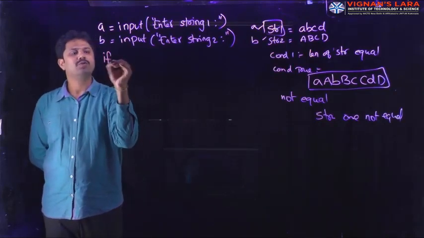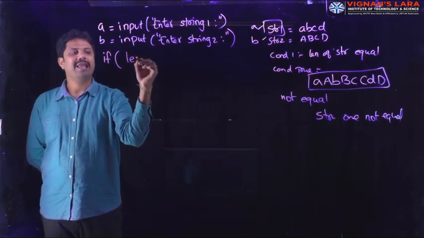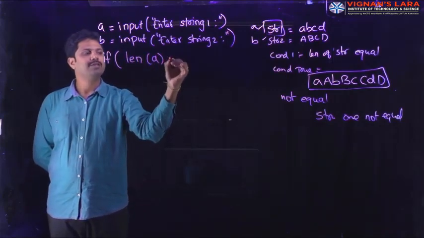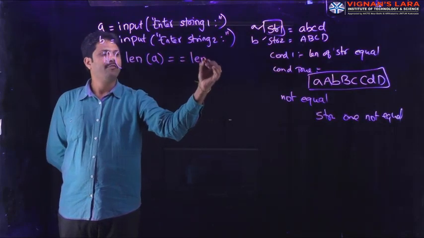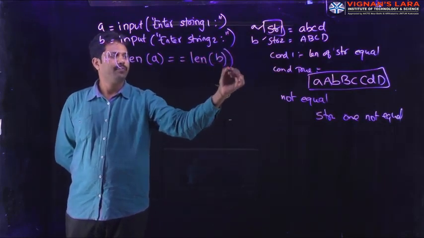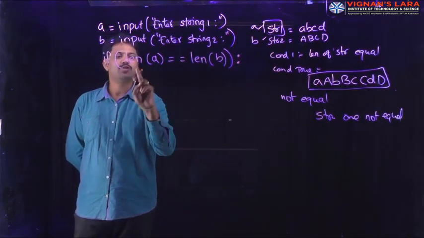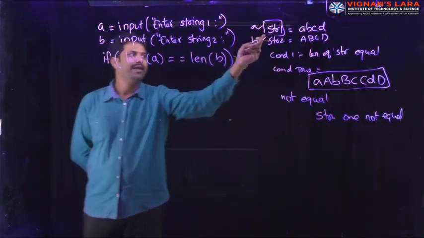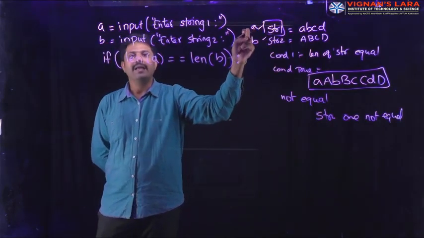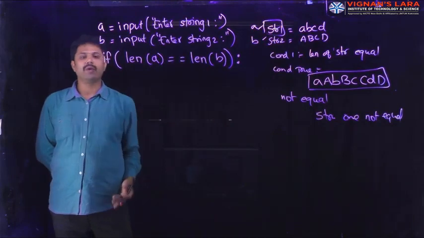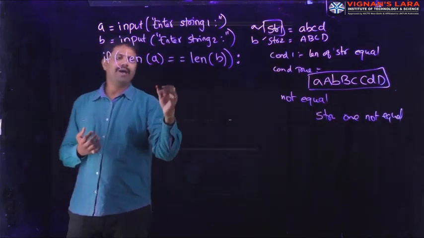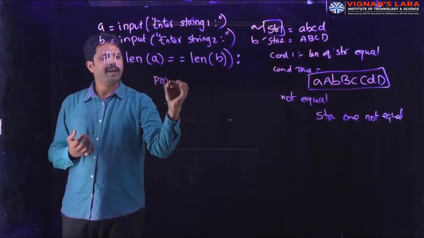How can you check? We have a method len. Len of A equals len of B. If these two strings are equal, that means string 1 is A and string 2 is B, you have to do like this. Now, we have to do print.